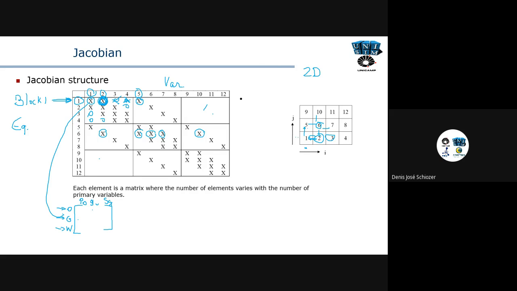We have to use different mathematical ways to solve the matrix. And normally, these different ways to solve are not as fast as solving the pentadiagonal matrix, for example. Okay, just considering that. We are going to talk a little bit about that when we talk about the selection of the grids.